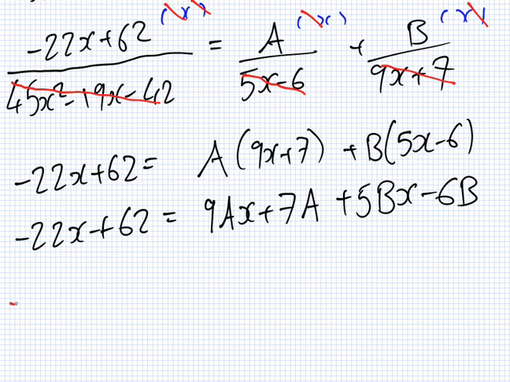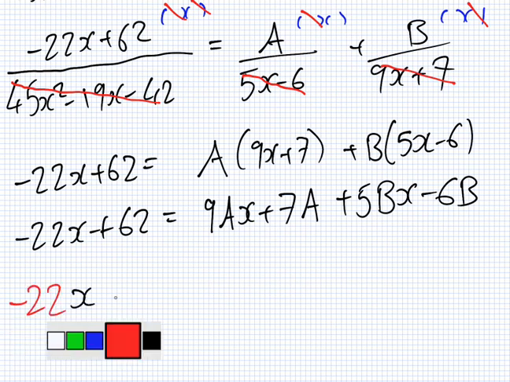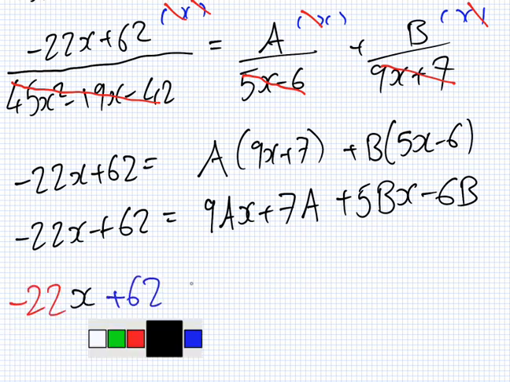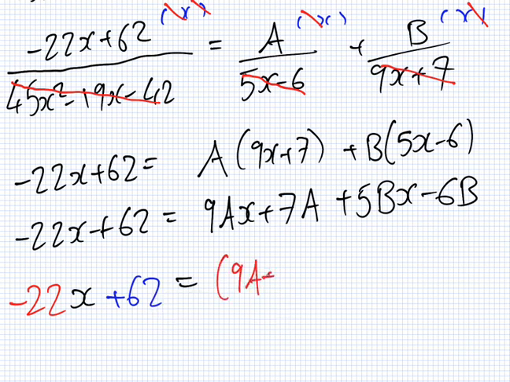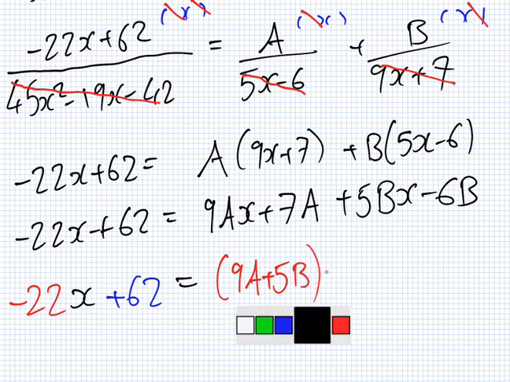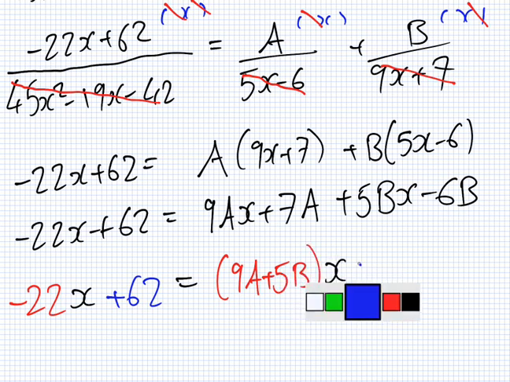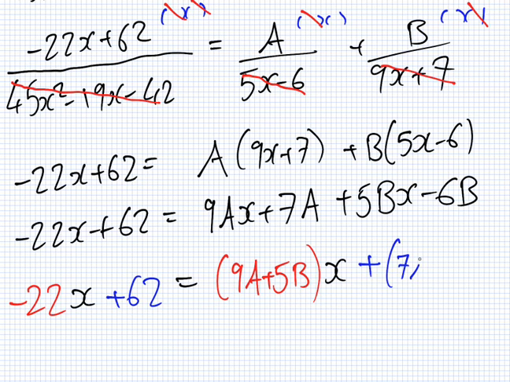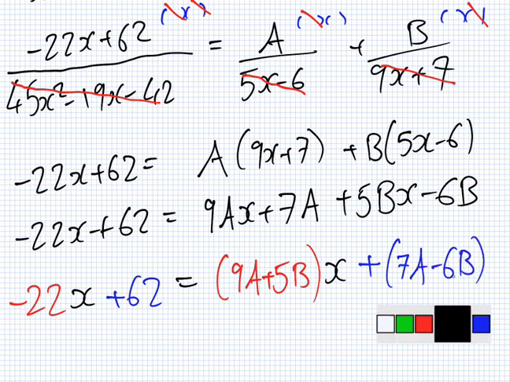So I get minus 22x plus 62 equals 9a plus 5b x plus 7a minus 6b. Now I deliberately did this, and I should really have my tree symbols here. Okay.